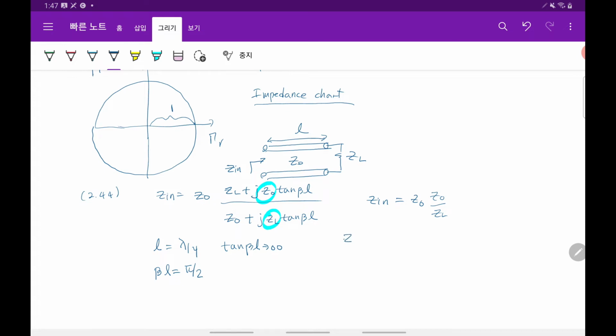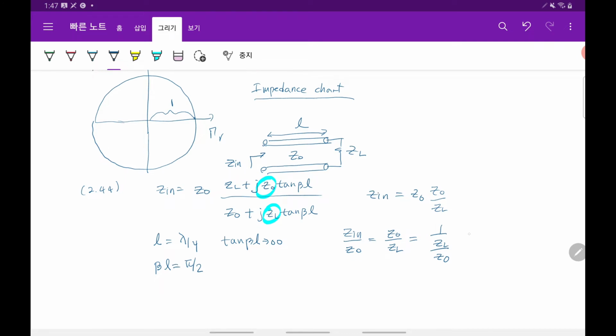As we know, Z in divided by Z0 is the normalized impedance, which is equal to Z0 divided by ZL, which is 1 over ZL divided by Z0. So normalized Zin is equal to 1 over normalized ZL.